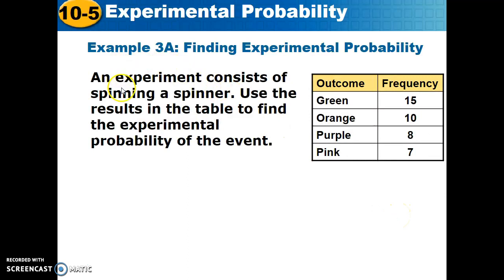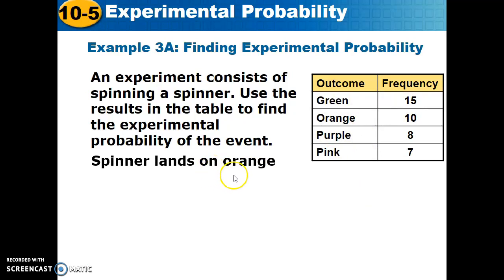So let's take a look at what that might look like. An experiment consists of spinning a spinner. Use the results in the table to find the experimental probability of the event. So somebody actually spun the spinner. 25 and 15 would be 40 times, a total of 40 over here. Green happened to come up 15 times. Okay, so that's what our chart is telling us. The spinner lands on orange.